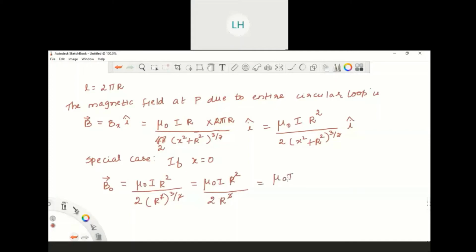Mu naught I divided by 2r. Okay. So this is very important, children. What is the magnetic field at the center of the circular loop? Mu naught I by 2R.